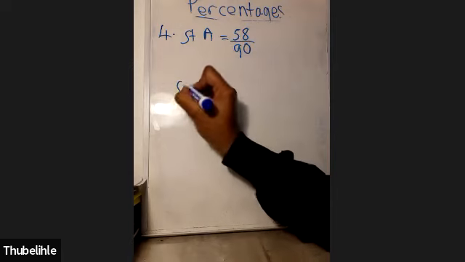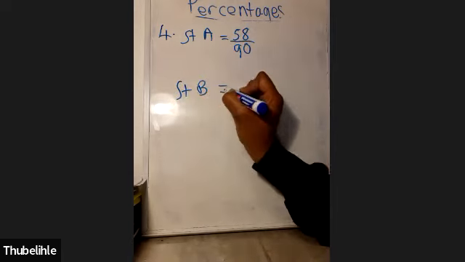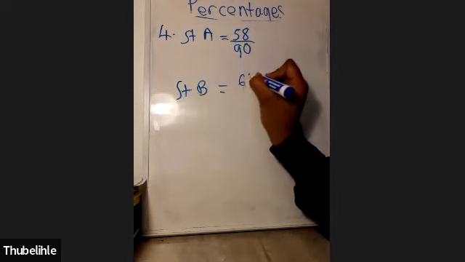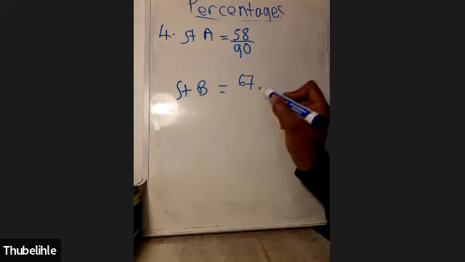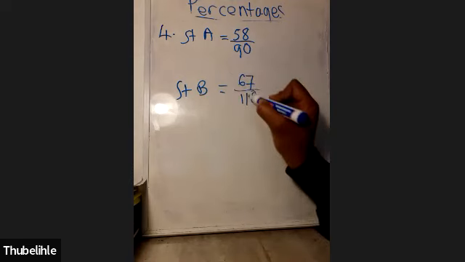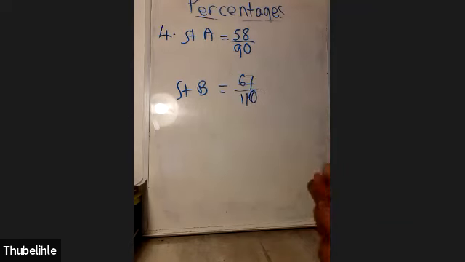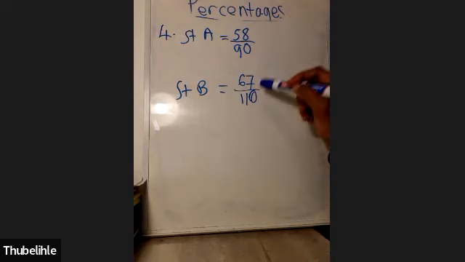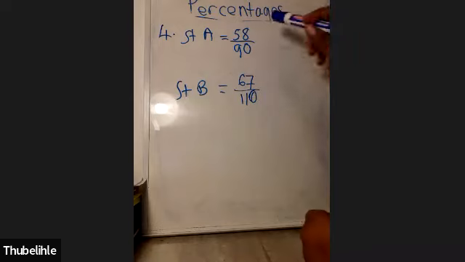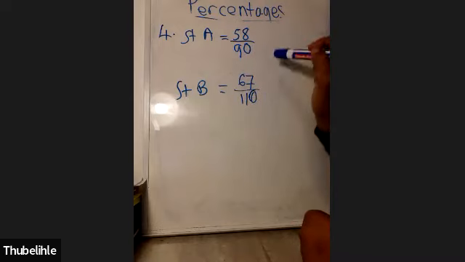Student B scored 67 out of a total of 110. And the question says, who performed better? So now we need to change these into percentages so that we can see who has a higher percentage between student A and student B.